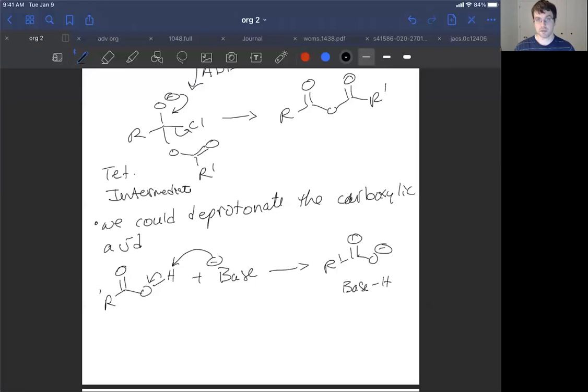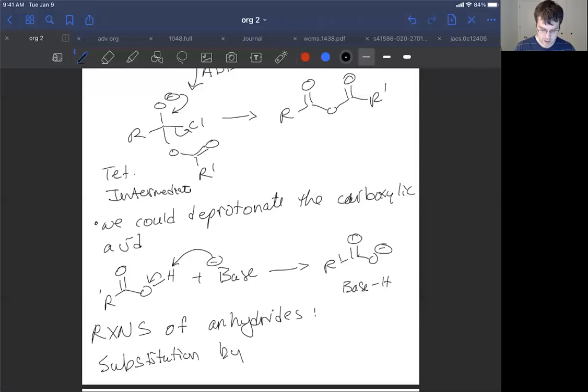Now let's talk about some chemical reactions for anhydrides. So not surprisingly, hopefully at this point, reactions of anhydrides include addition, substitution, okay, by addition, elimination with a nucleophile.